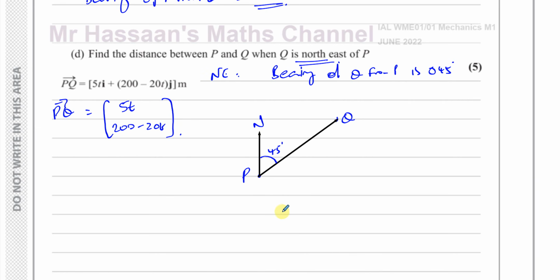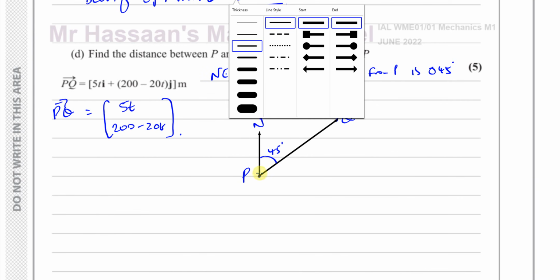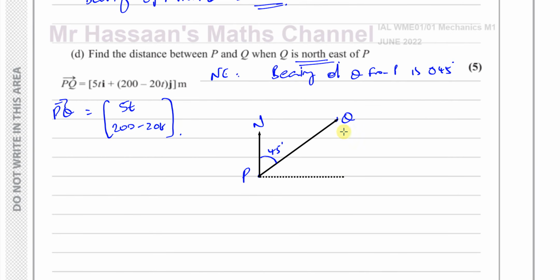That's the north line. So if we consider the vector from P to Q, then this distance and this distance must be the same. Let me make it a bit more realistic, so these distances look the same.